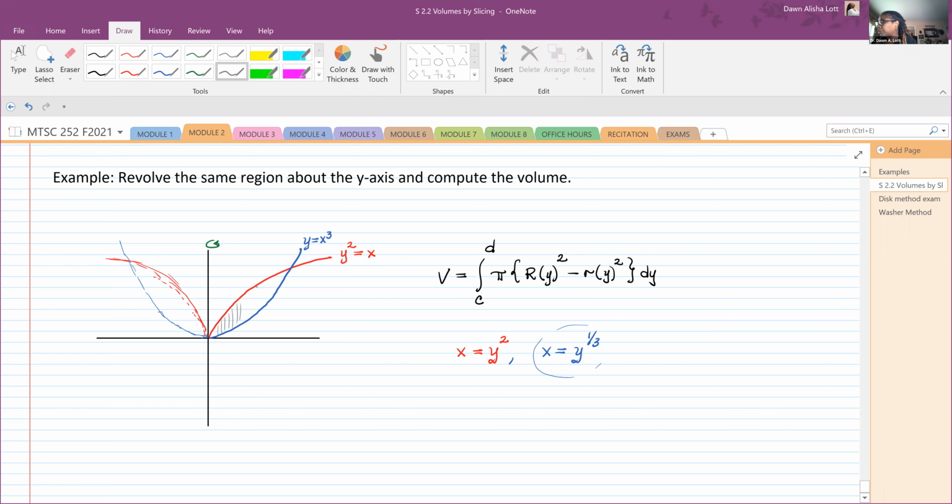So I'm going in the other direction. This time, since I'm revolving around the y-axis, I'm going to choose a y. I'm going to go up to the first curve and then draw a disc.